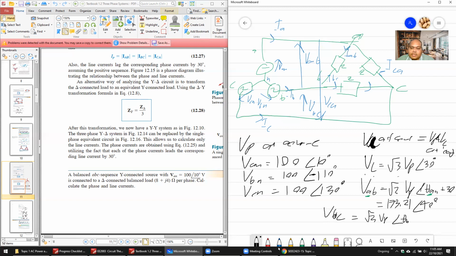B, okay, B and plus 30. So you get 173.21 angle negative 130, negative 80 degree.